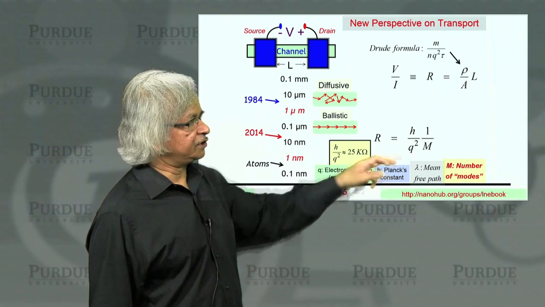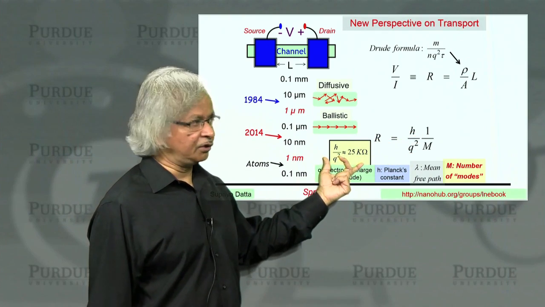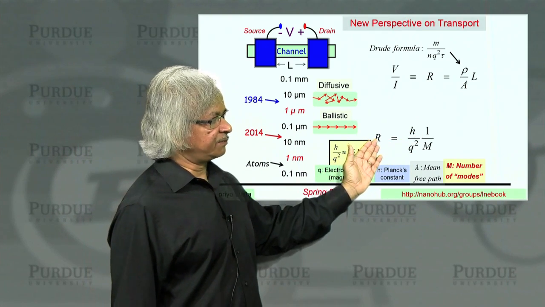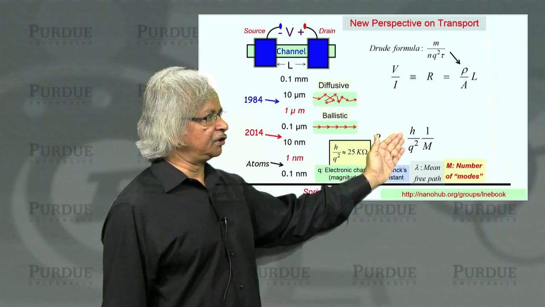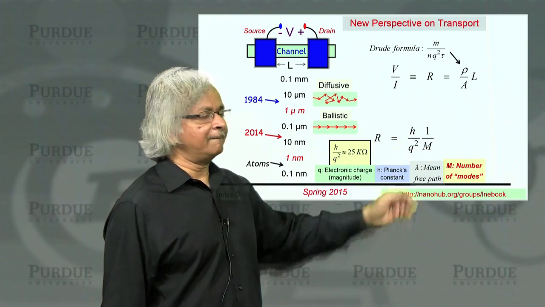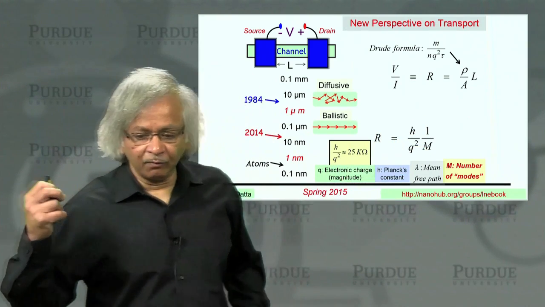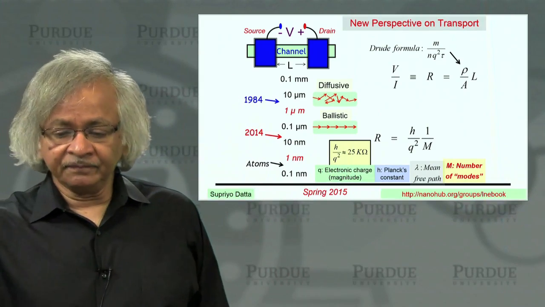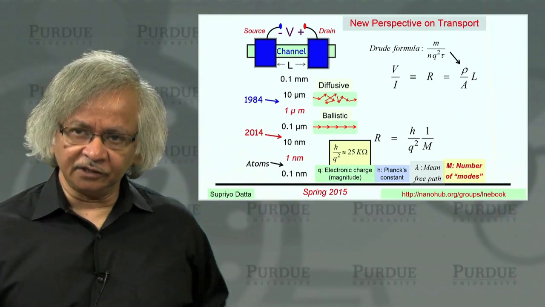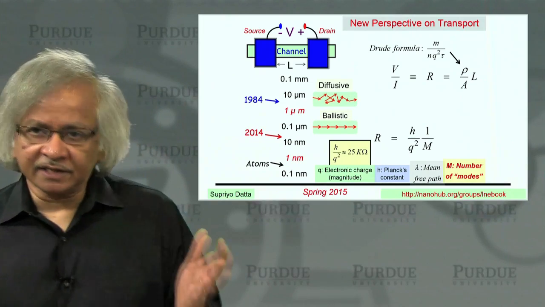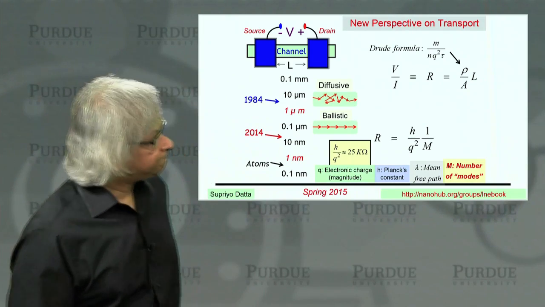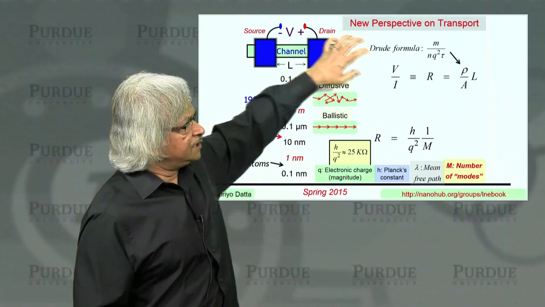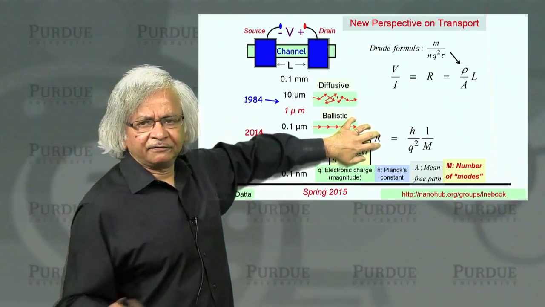And this h over q squared comes to about 25 kilo ohms. The resistance of a ballistic conductor is 25 kilo ohms times 1 over M, where M is the number of modes. That is a very important concept we'll be talking about, which has emerged from the field of nanoelectronics and mesoscopic physics. And usually you see these two as very different things.